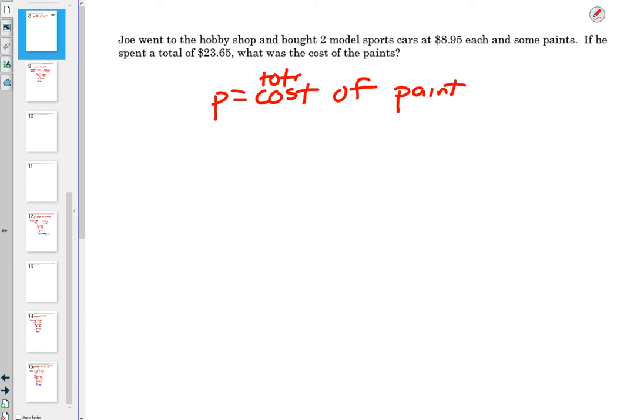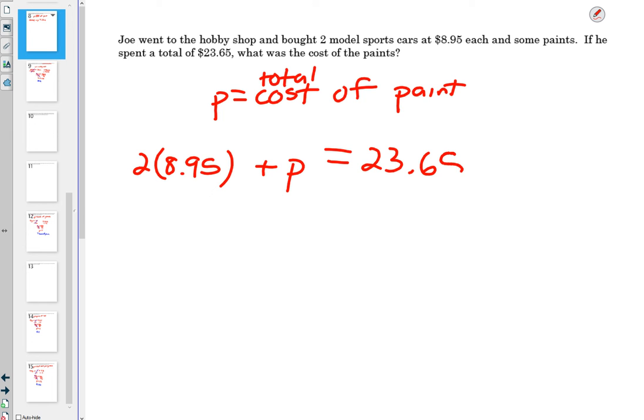It's not like the cost of each bucket. There's no each when it comes to paint. So the only thing that he bought multiple of is sports cars, but they tell you the sports cars were $8.95 each. So it's not 2 times P, it's 2 times $8.95 plus this extra paint, and that's what gives you $23.65.